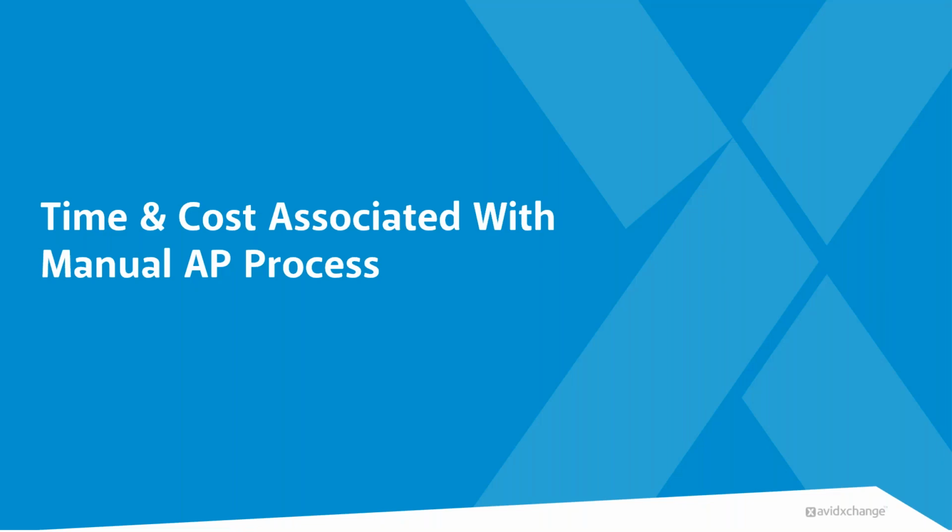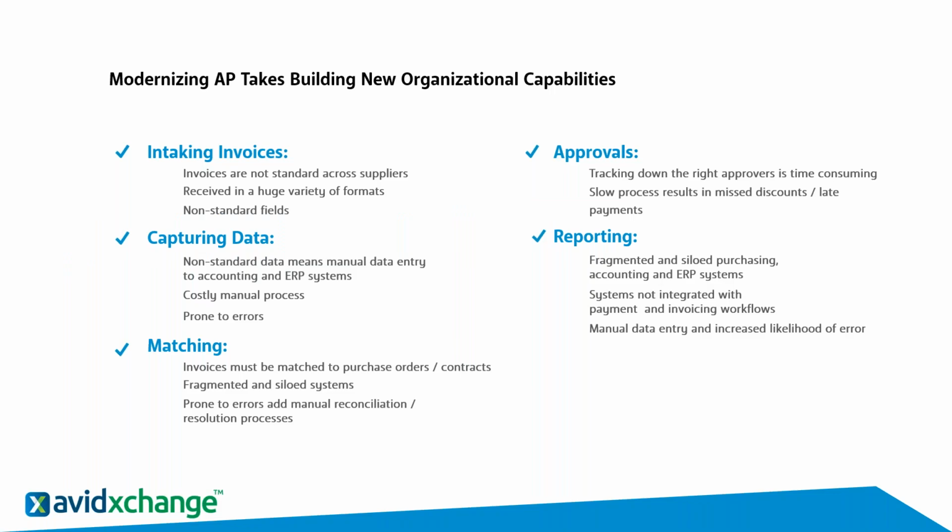So here we're going to start with the time and cost associated with the manual AP process. As you take a look at the manual steps, there's basically 5 steps that organizations face when processing invoices. And hopefully this all looks familiar to you.